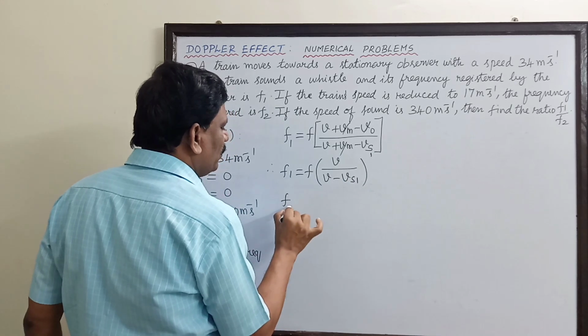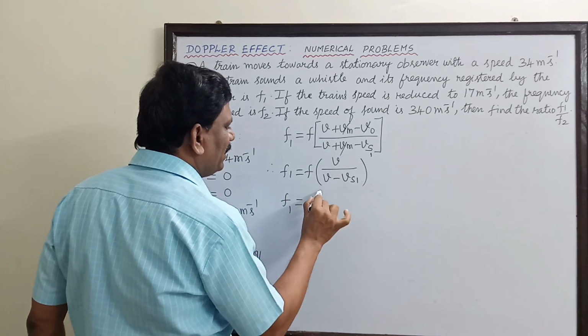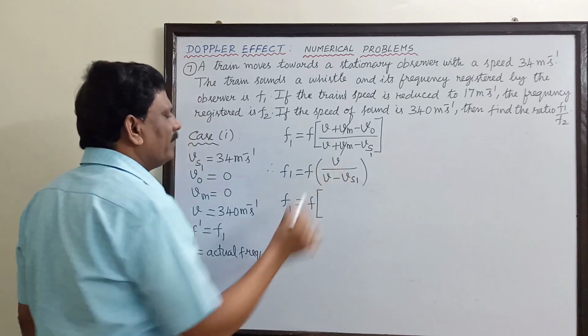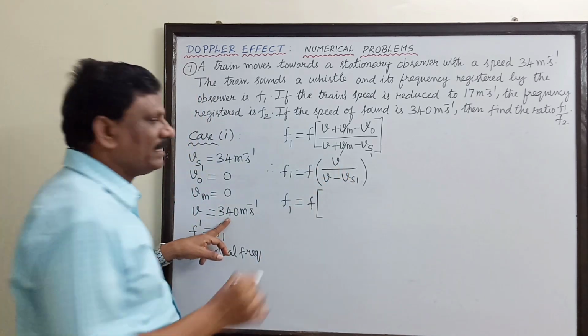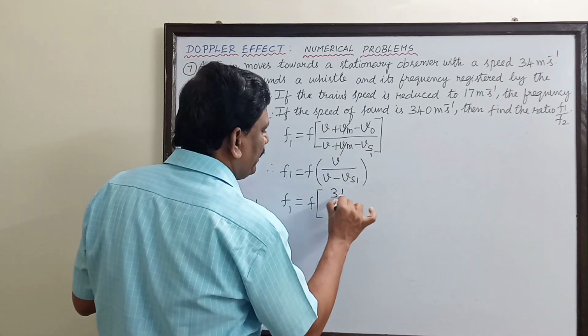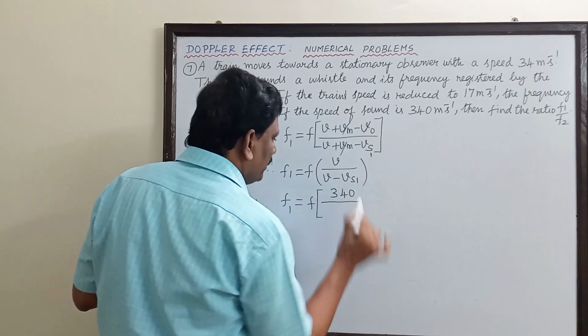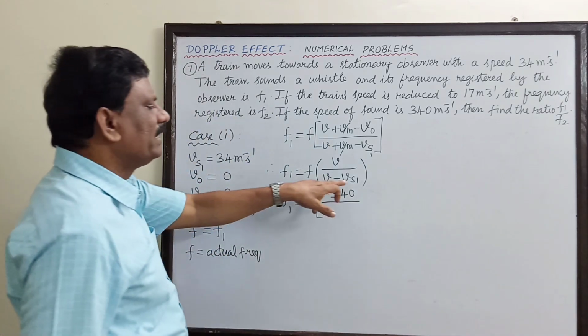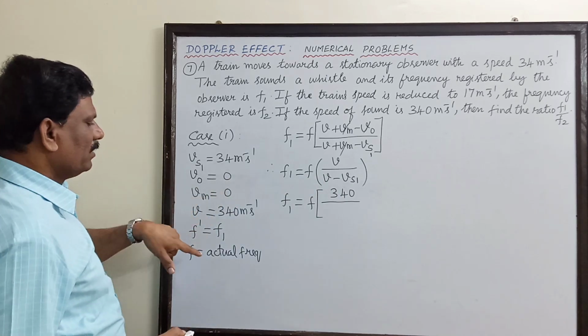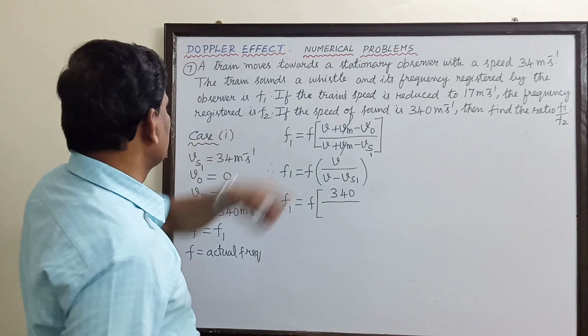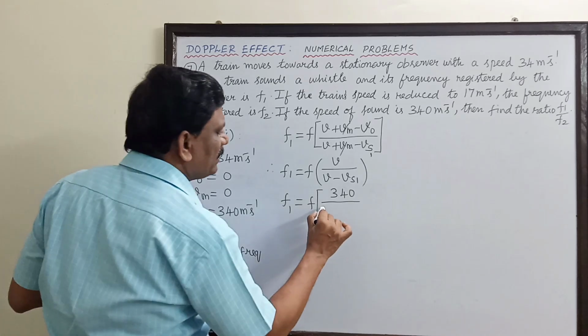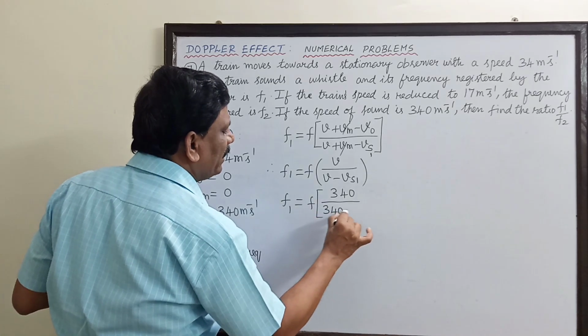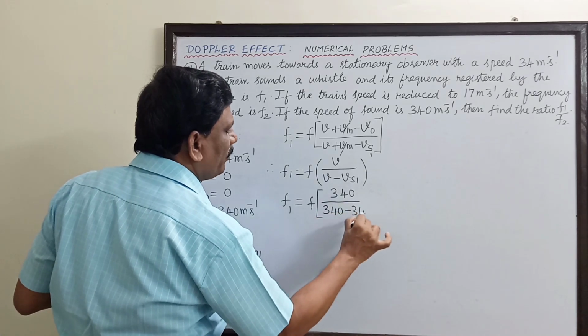The velocity of sound in air is 340, so this is 340 divided by 340 minus the speed of the source, 34 meters per second.